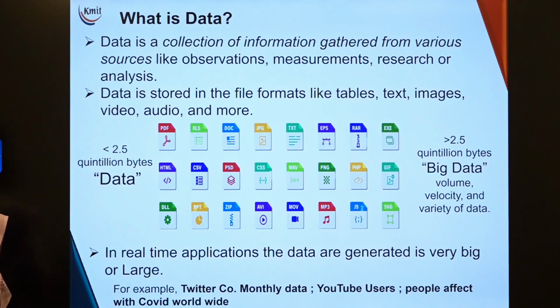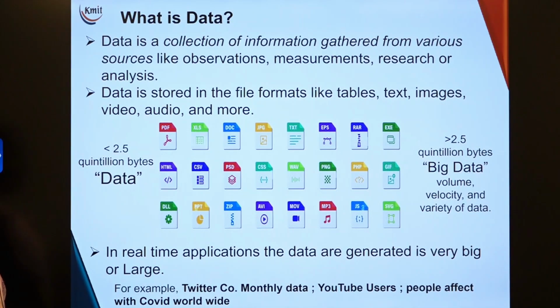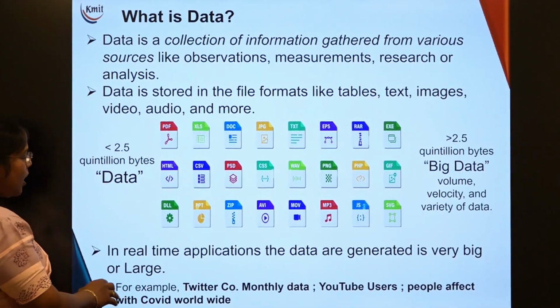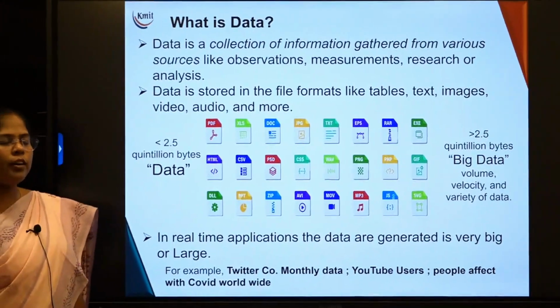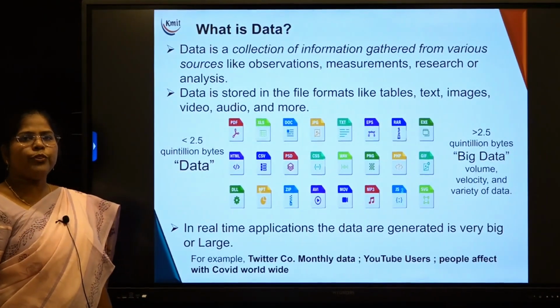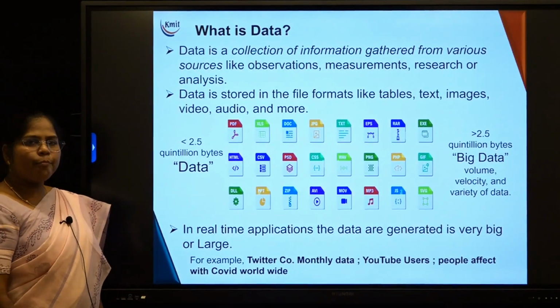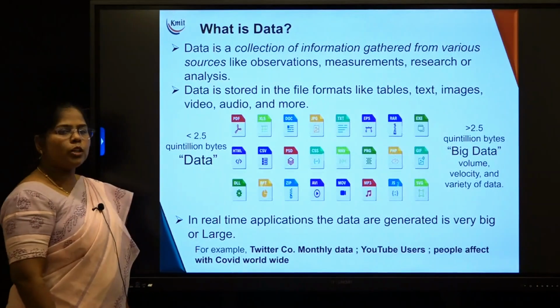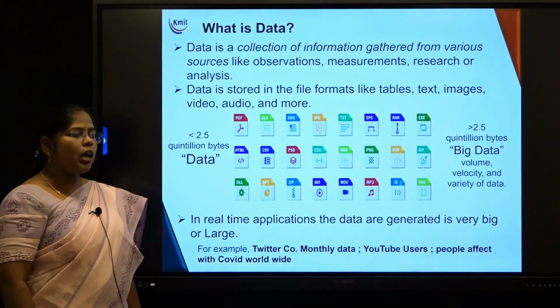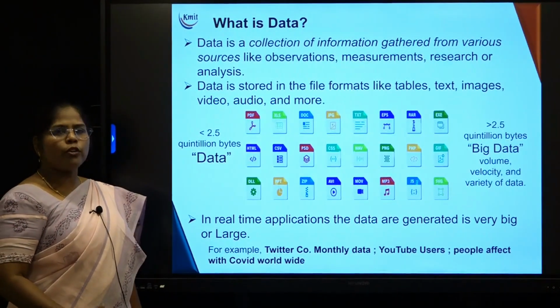Big data has volume, velocity and variety. All this data we use for real-time applications, and from real-time applications we generate big data. For example, if you see Twitter data, monthly there are a lot of Twitter users, so there will be a lot of data.